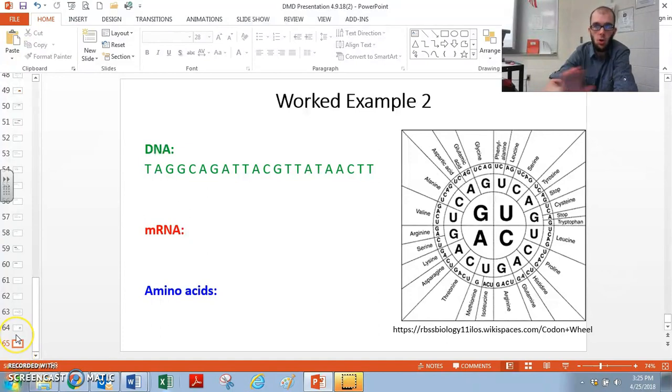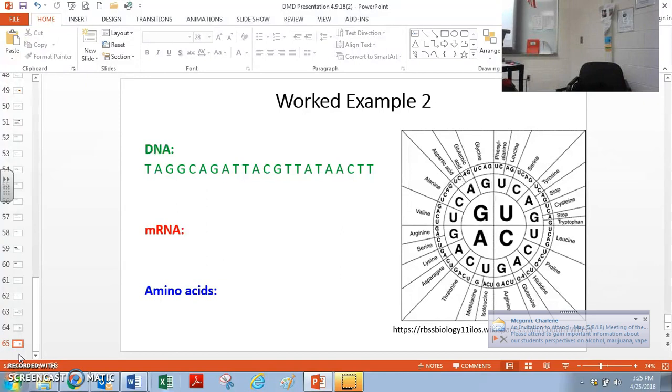Alrighty, so hopefully you have paused it and tried to work this out with pencil and paper. I will show you the solution really quickly just to give you a sense of how to do this. First, we have to transcribe our mRNA. Remember, the transcription of the mRNA has to be complementary to the DNA. So let me throw that on up there.